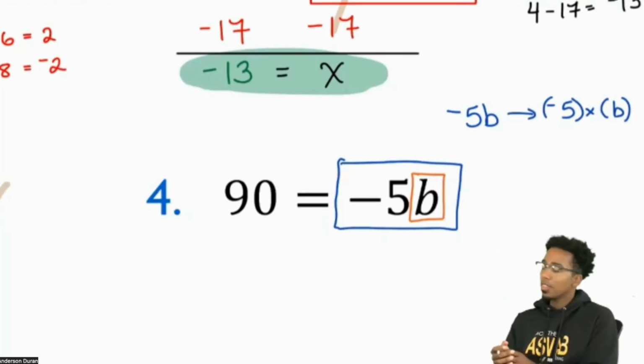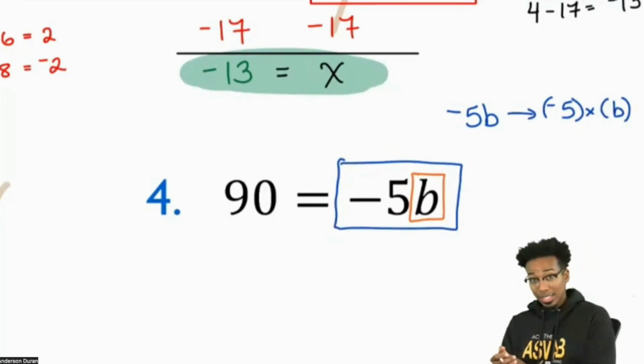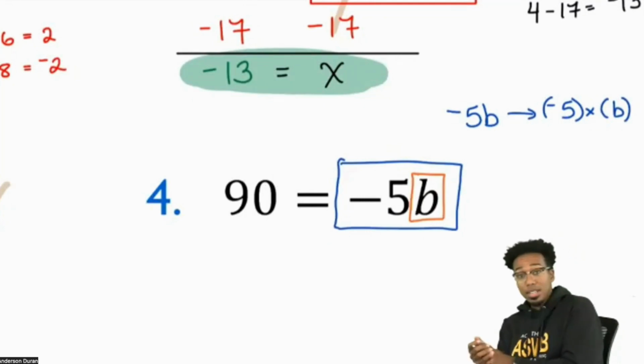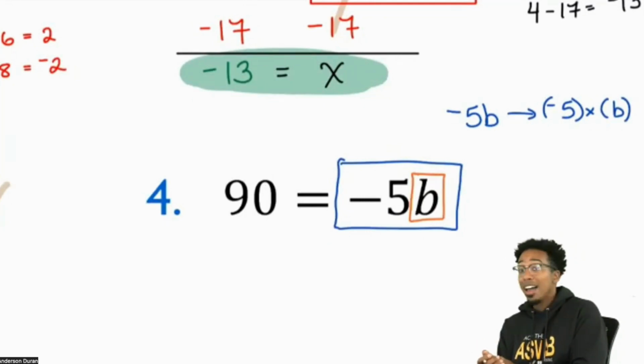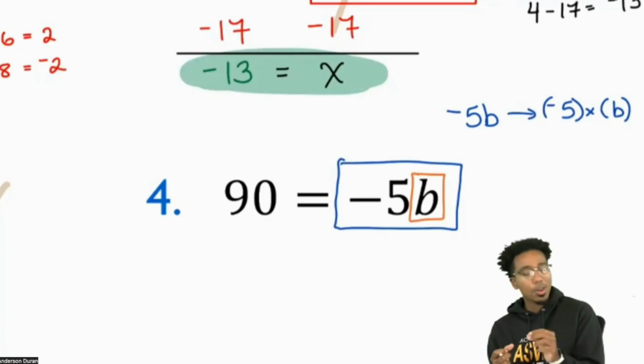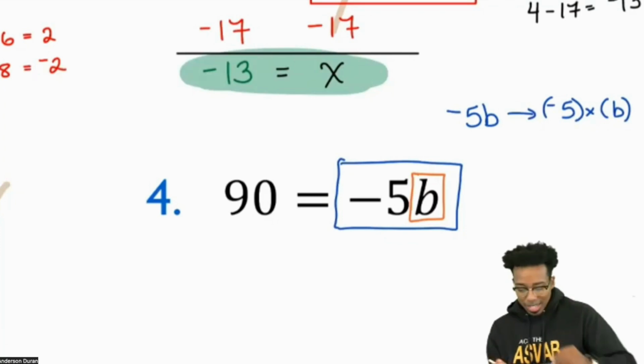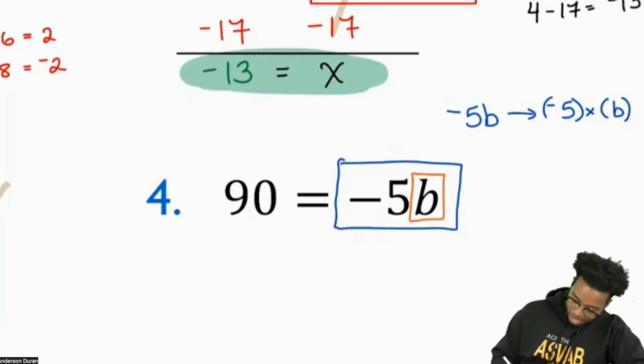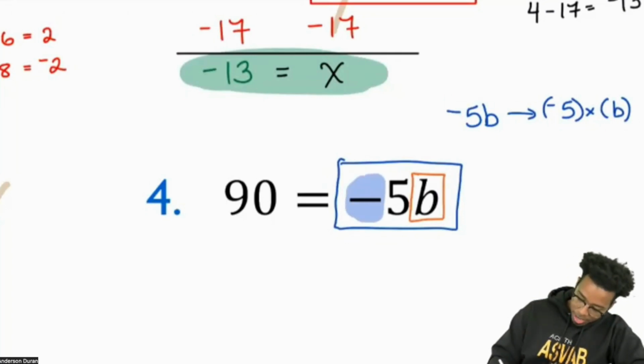If you're looking at the negative, thinking that that means subtracting, you're subtracting 5b, but you're not subtracting 5 from b. You're subtracting the product of 5 and b. So I really need to make sure that we are very, very aware of that. We are multiplying -5 and the b. -5 is being multiplied by the b.